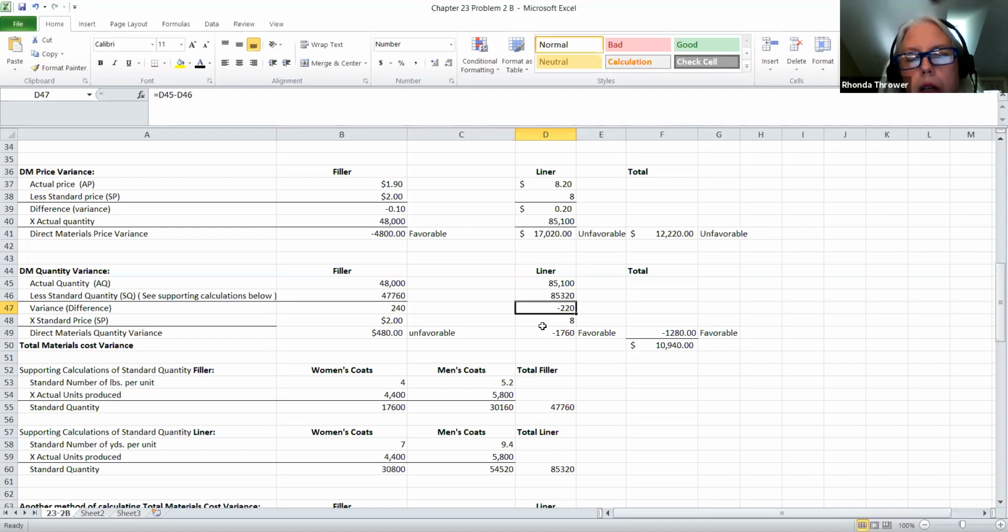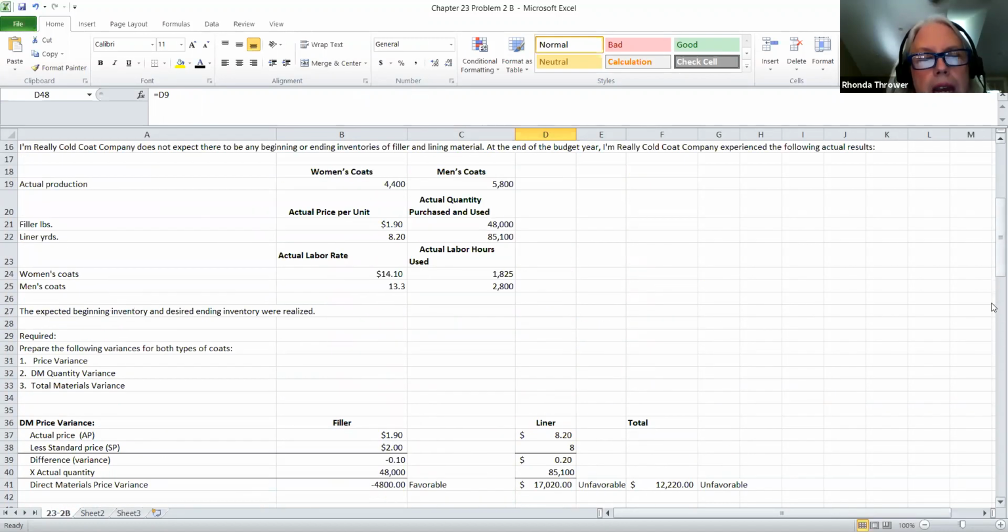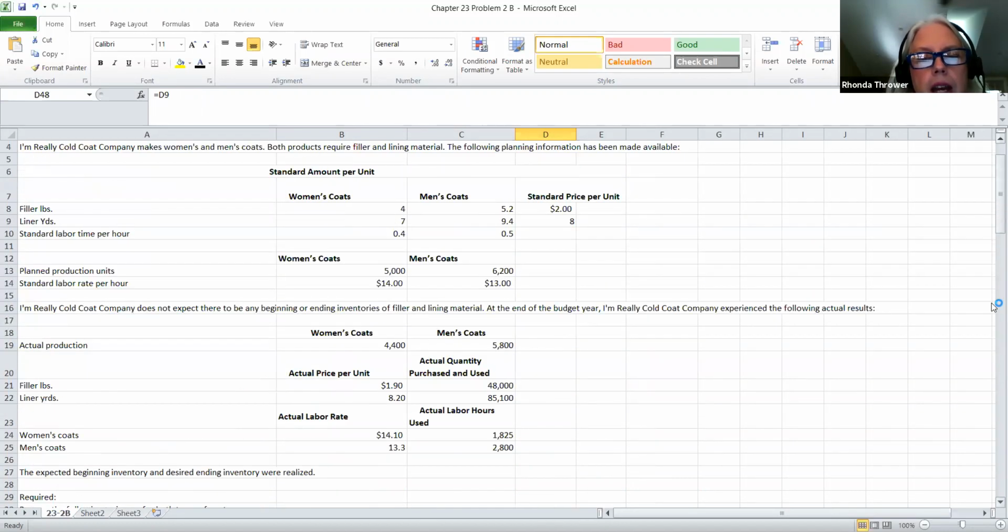Since this is 220 yards that are favorable for the liner, we're going to multiply that by the standard price, the budgeted price, which is $8. And that $8 was given to you right here.